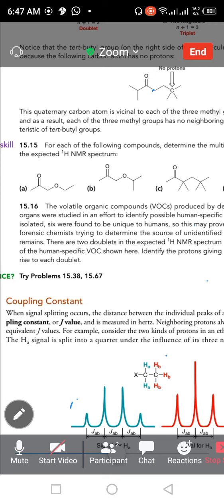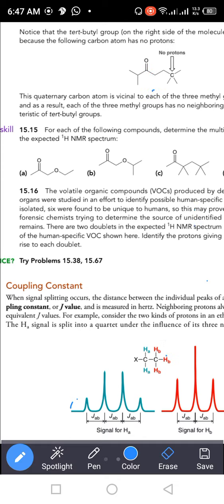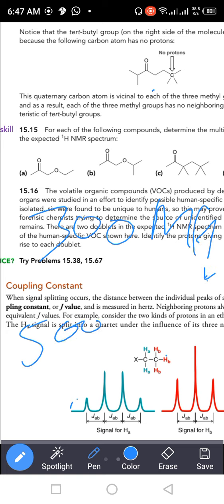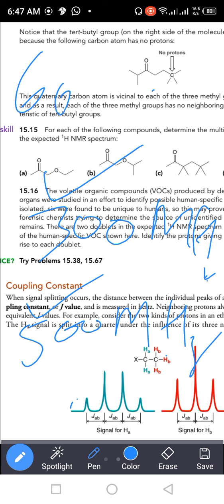So in research work, generally 300 megahertz or 500 megahertz instrument strength is used to interpret the coupling constant. If 60 megahertz is used in research work, it will not be helpful for interpreting the coupling constant, so it is not recommended.